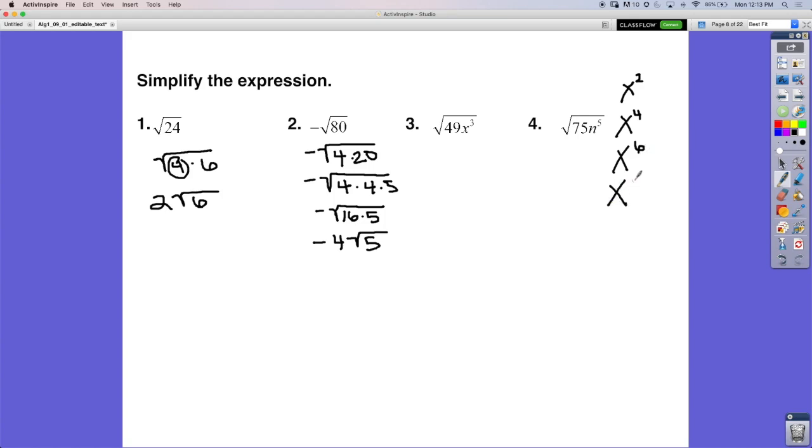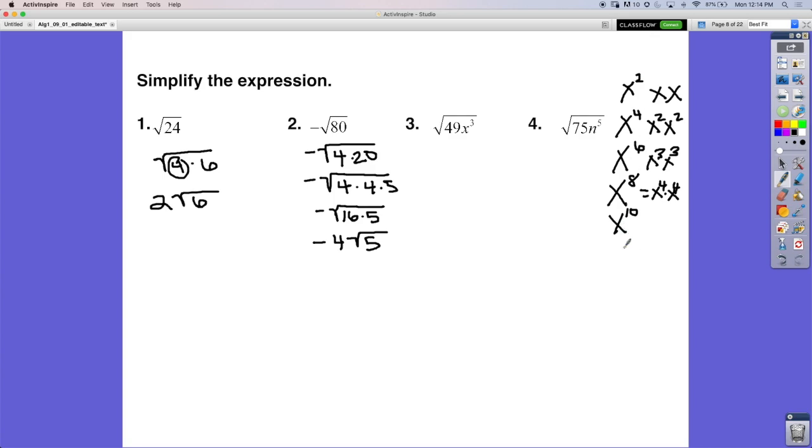The next is x to the 8th. Because this is x to the 4th times x to the 4th. This one is x cubed times x cubed. This one is x squared times x squared. And this one is x times x. So what's the next one here? X to the 10th. Do you see the pattern?